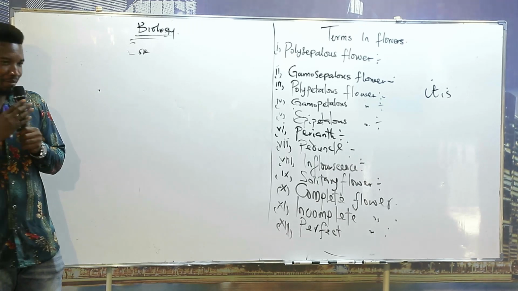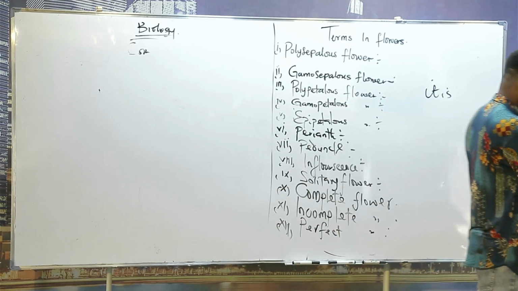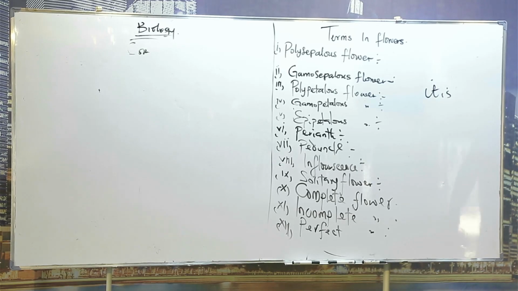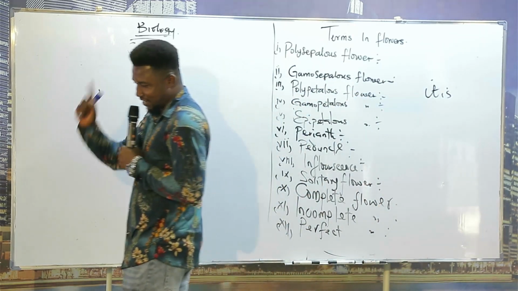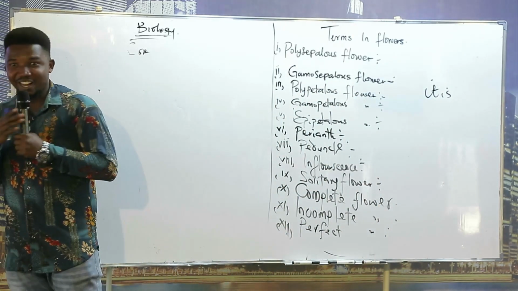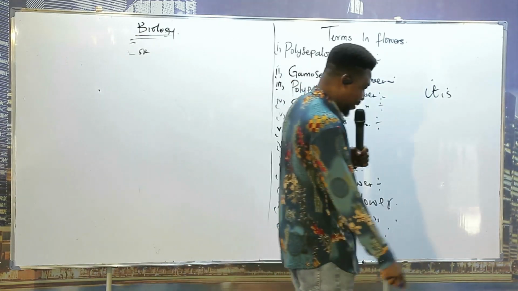And they are called bisexual flower. Bobrisky, abi? Yes, he's a she. Now that is perfect flower, where one individual is having male and female organ, right? Bobrisky, abi, James Brown?